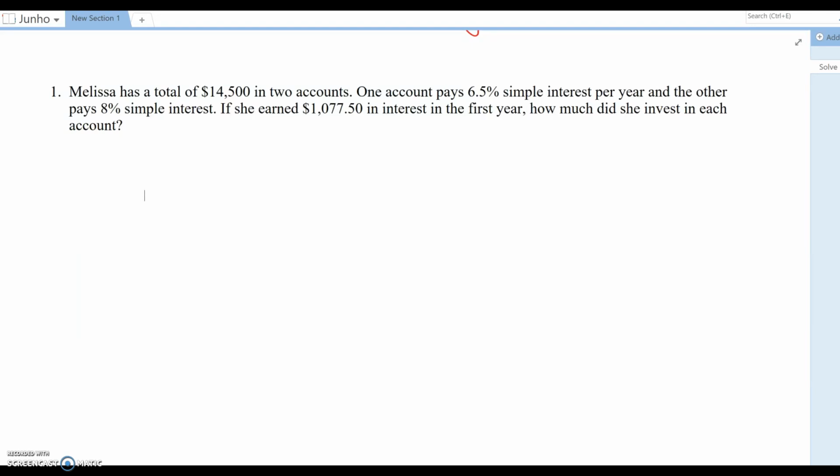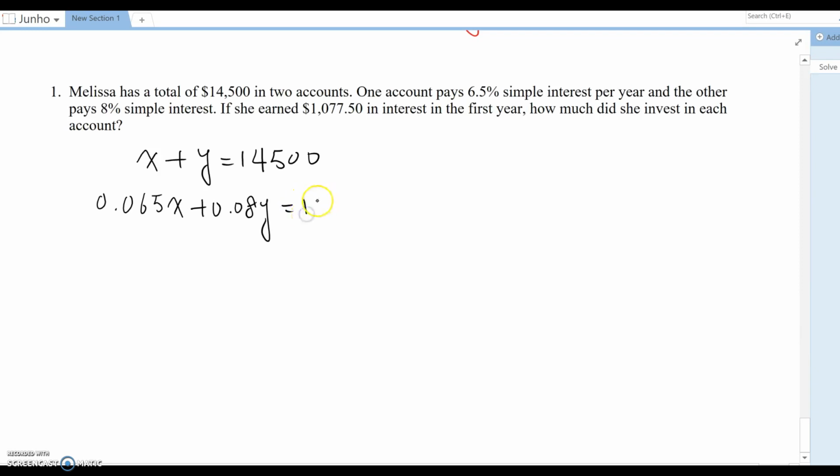So basically the same question as the previous one. Now we can set up x plus y equals 14,500 and 0.065x plus 0.08y equals 1,077.50.